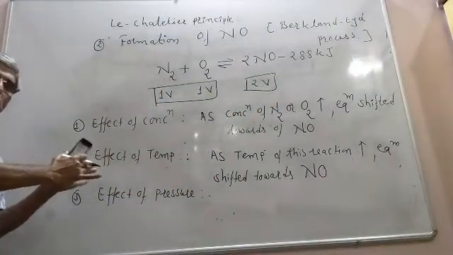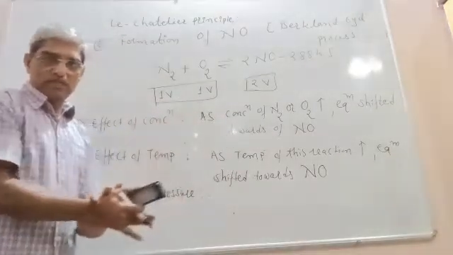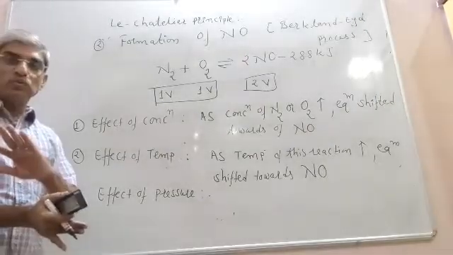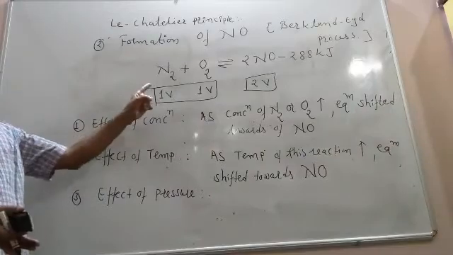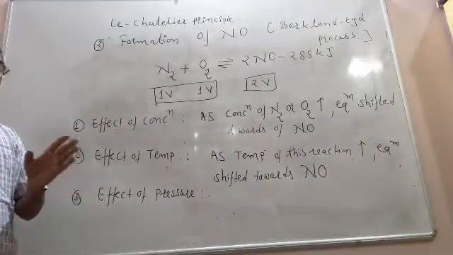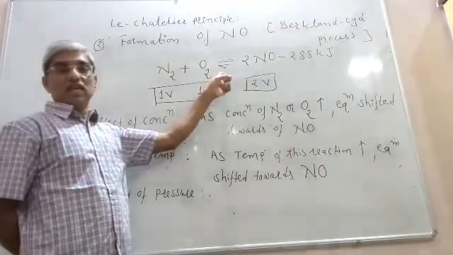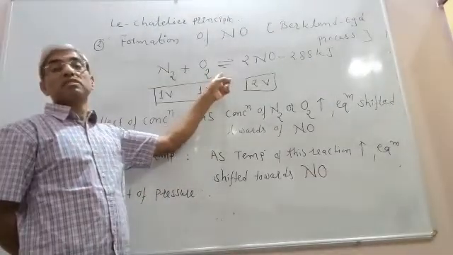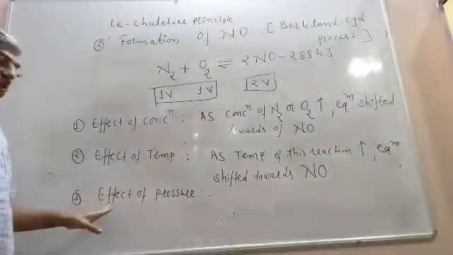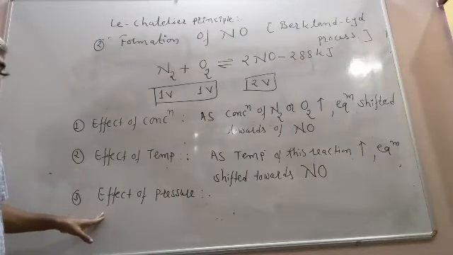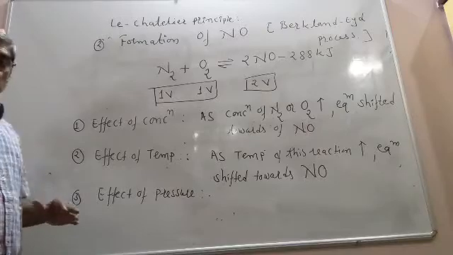Therefore, 2 volumes of reactant get converted into 2 volumes of product, means there is no change in volume, and therefore here pressure has no effect. Therefore, the third factor, effect of pressure, is not applicable. I hope you are getting me, right?